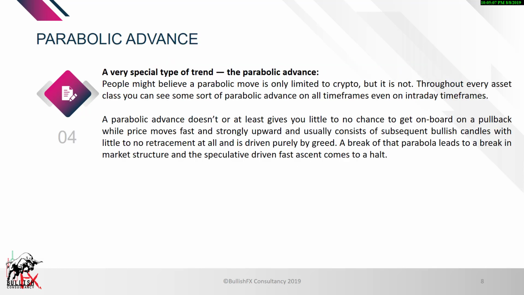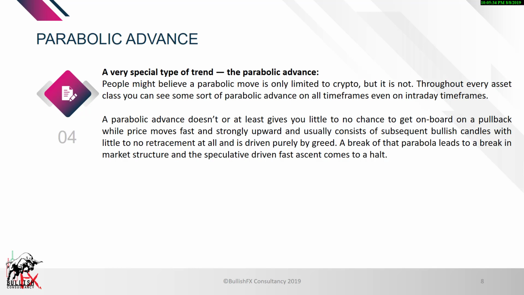Now we've got what we call a parabolic advance. This is a very special type of trend. People might believe a parabolic move is only limited to crypto, but it is not. Throughout every asset class, you can see some sort of parabolic advance on all time frames, even on intraday time frames.